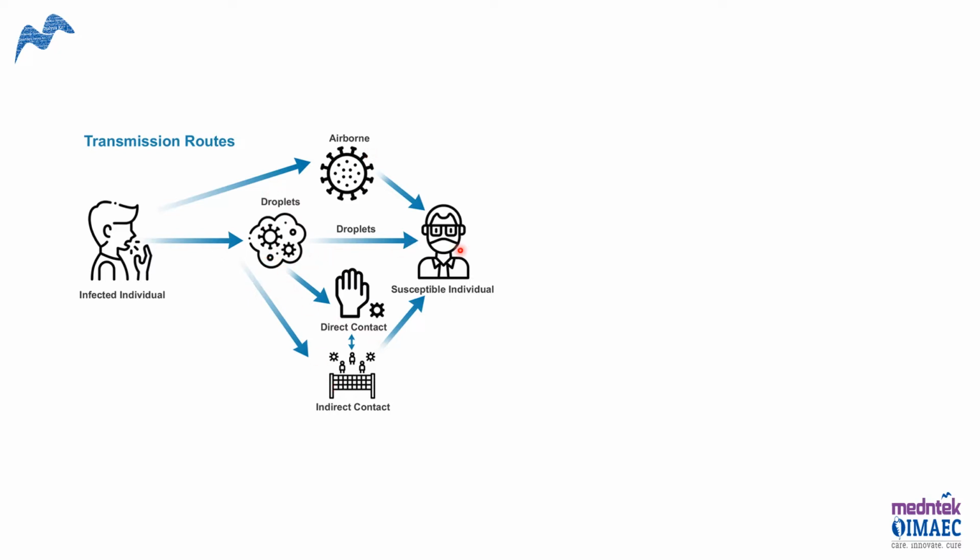First is directly in droplet form by ingestion, that is, the droplets from the infected individual can directly enter the susceptible individual's body through the nose or mouth if the susceptible individual is standing near the infected individual.